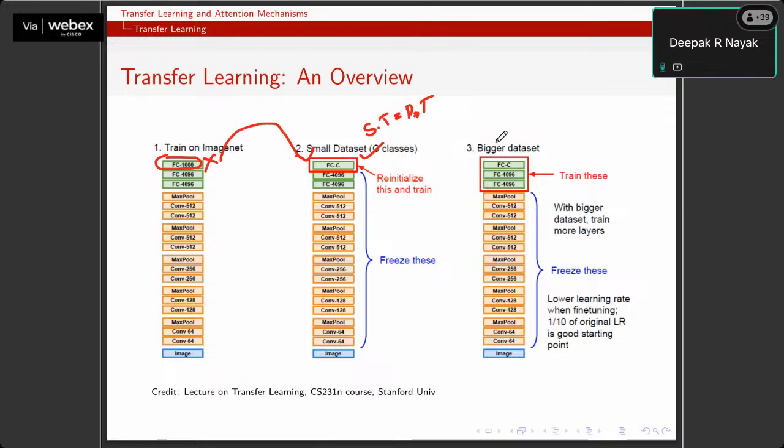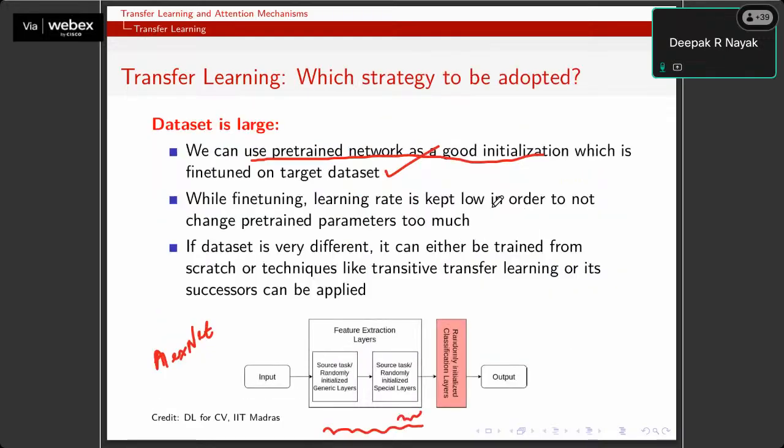And then if you're dealing with a bigger data set, you can think of either fine-tuning a few layers or fine-tuning the whole model. While fine-tuning a few layers, you need to be very, very careful, and while fine-tuning the whole model also, you need to be very careful. While fine-tuning, the learning rate should be kept low.